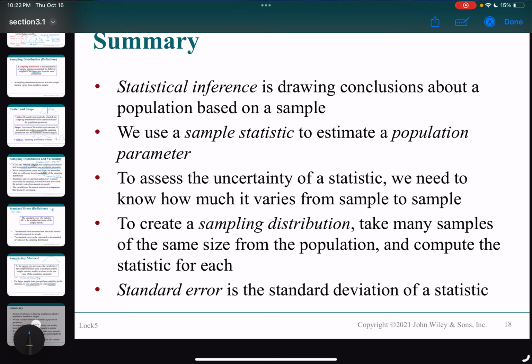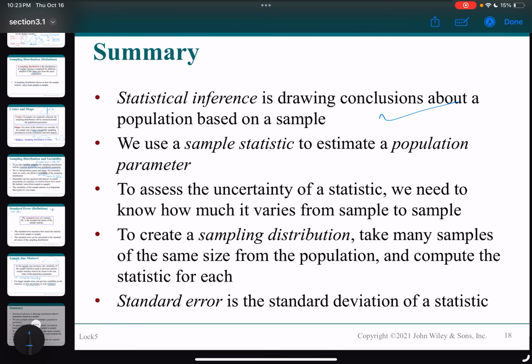You should be able to understand these clearly. How we can draw conclusions about the population based on the sample, the statistical inference. You should be able to talk about these things.